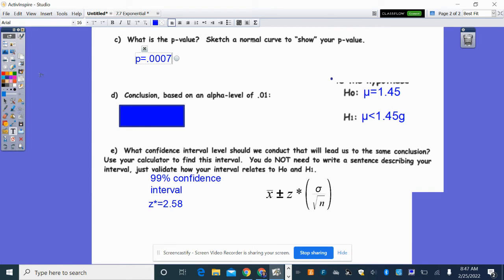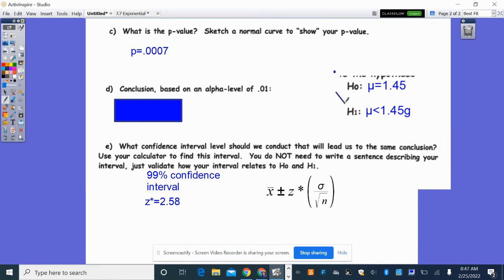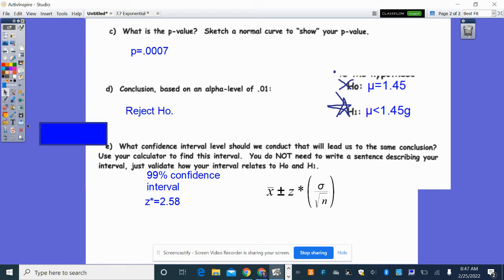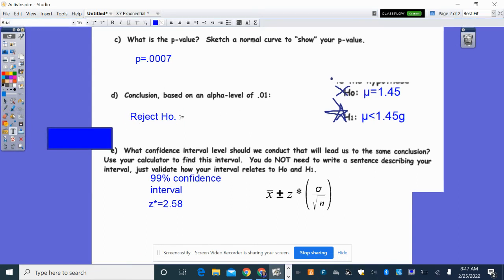Conclusion. Okay, remember, if p is small, reject the null. That's definitely small. So your null hypothesis, which you have written at the top of your worksheet, you're going to reject that. So here, put an X by your null hypothesis. So this is what we think is true. Okay, so you want to make sure in your conclusion you say reject the null. And then let's talk about what our alternative means.